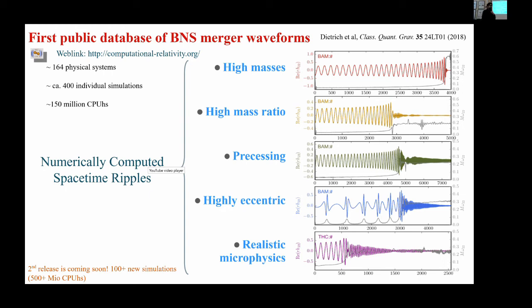This is David Radice's group, and they explore a lot of these scenarios. In BAM, we don't currently have that capability; we usually go with ideal hydrodynamics. A good reference would be to look at works from David Radice.